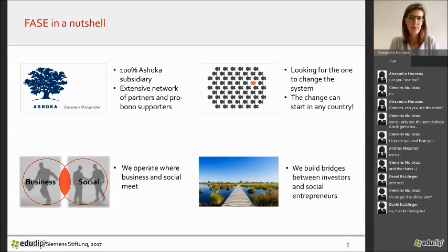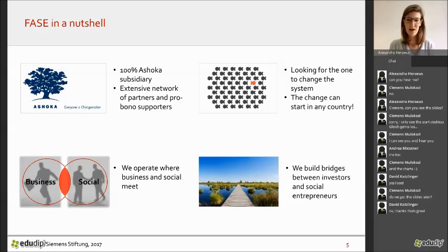Ashoka is the biggest network of social entrepreneurs and is all over the world working on improving the conditions of entrepreneurs and bringing them together with experts and pro bono partners, and using basically all of their power to well, help social entrepreneurs to get out there in the world and spread their ideas and their working know-how.